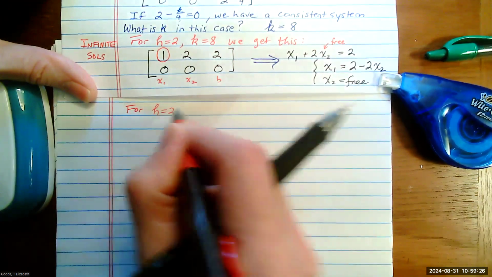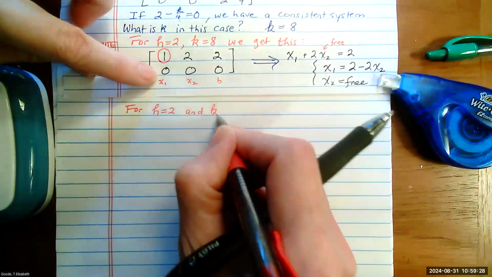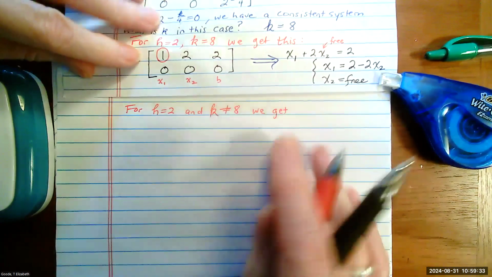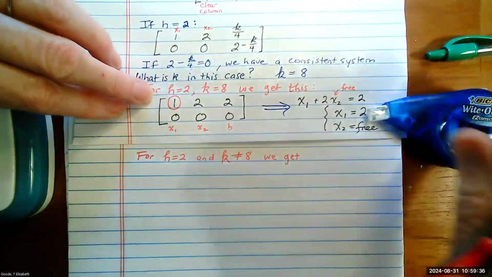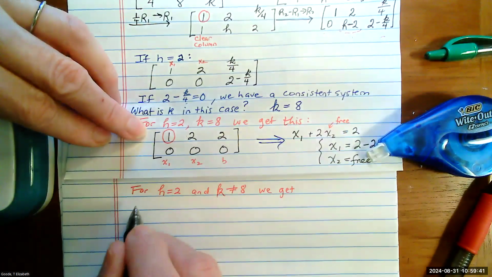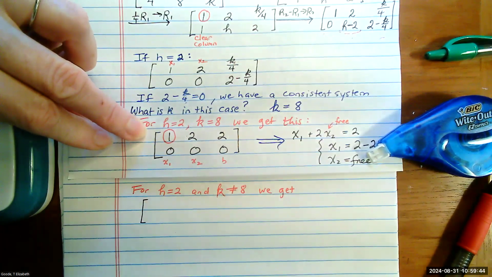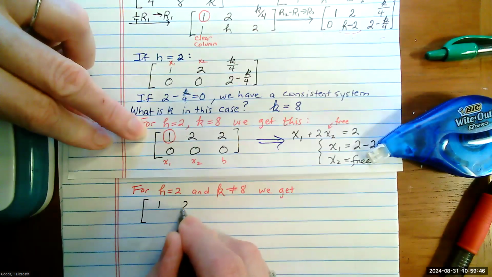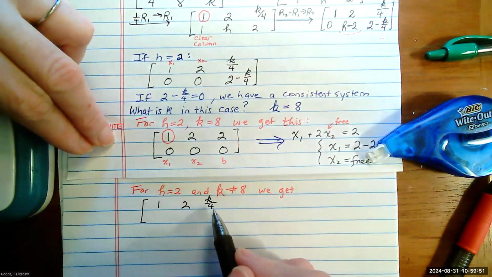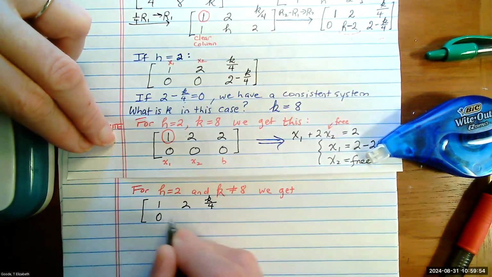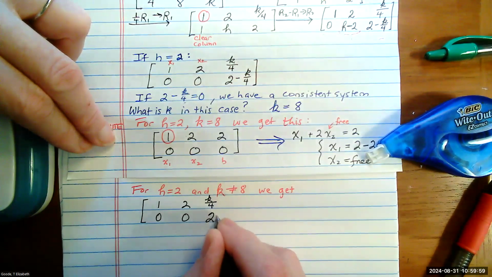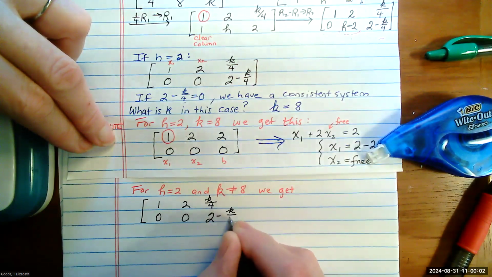For h equals 2 and k not equal to 8, just make sure we can see. There, this is what we're working at. We get this, okay? k is not 8, so we've got 1, 2, and whatever k over 4 is. It's not going to be 2. 0, h is 2, so of course we're still getting the 0 there, and here we have 2 minus k over 4.